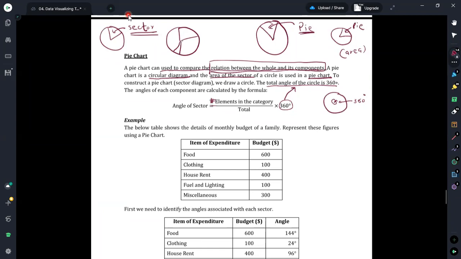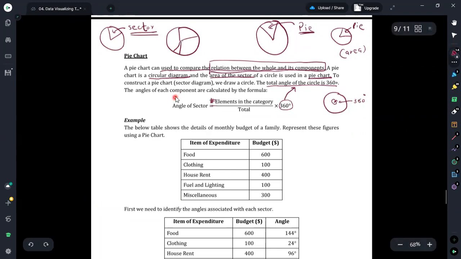But if you are using a pie chart, you can get an idea about the ratios, or the proportion that they have allocated for each category. That is why we are suggesting that the pie chart is much more appropriate for a data set like this.